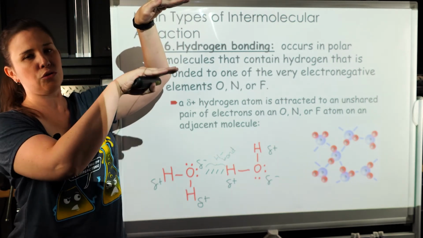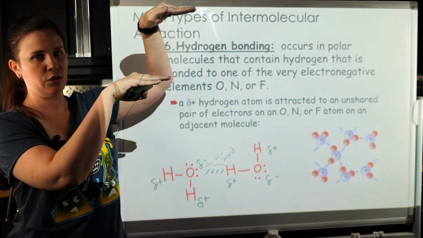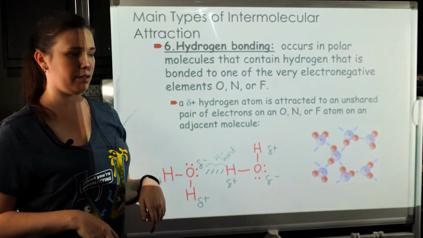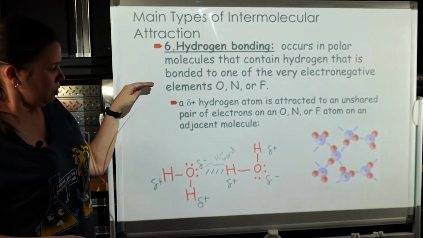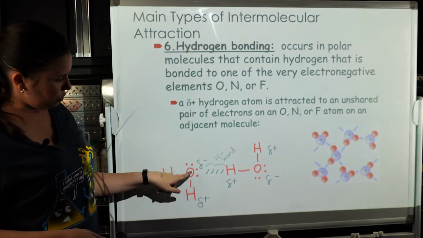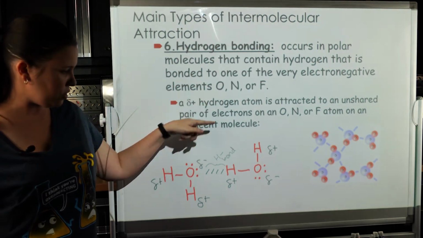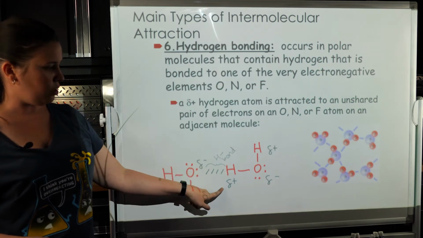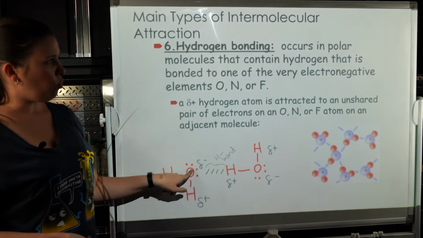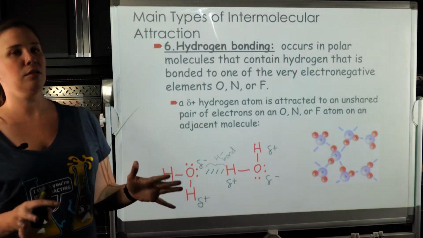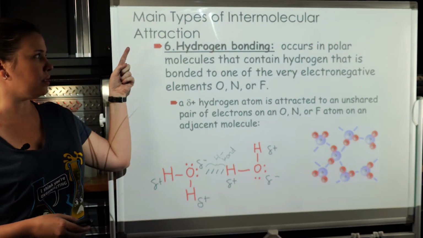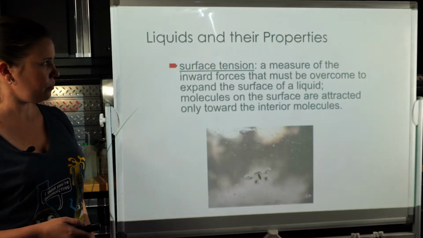It's going to be a super strong partial charge. So that would fit in to number 6 in terms of strength. So here's our hydrogen bond between the oxygen, one of our 3 especially electronegative atoms, being attracted to the hydrogen, which is partially positive. So water is the ideal molecule that we can talk about exhibiting hydrogen bonding.